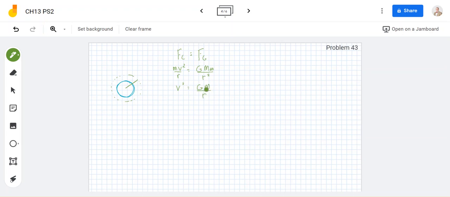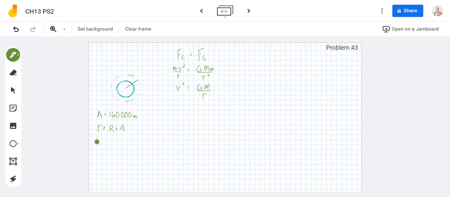all over r. Now, it tells us that the altitude, A for altitude, is 160 kilometers, that number of meters. And so what is the r value here? Well, it's going to be the radius plus the altitude.